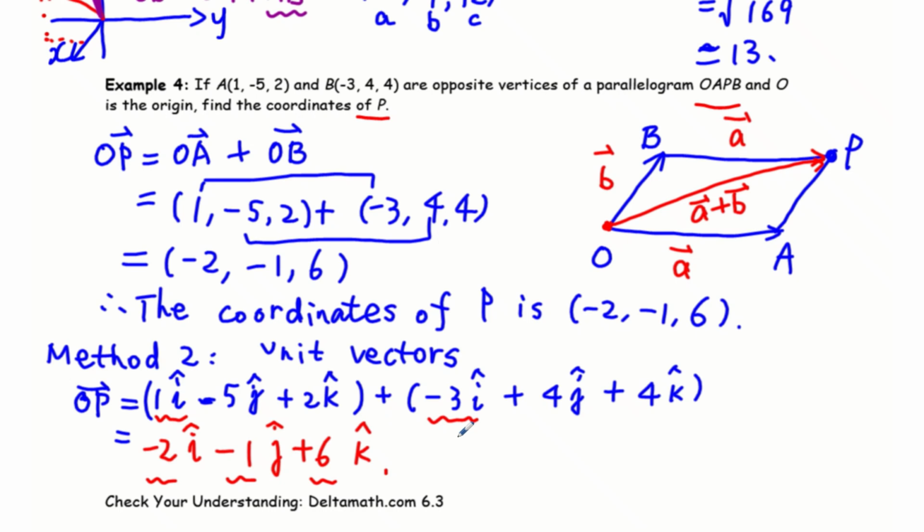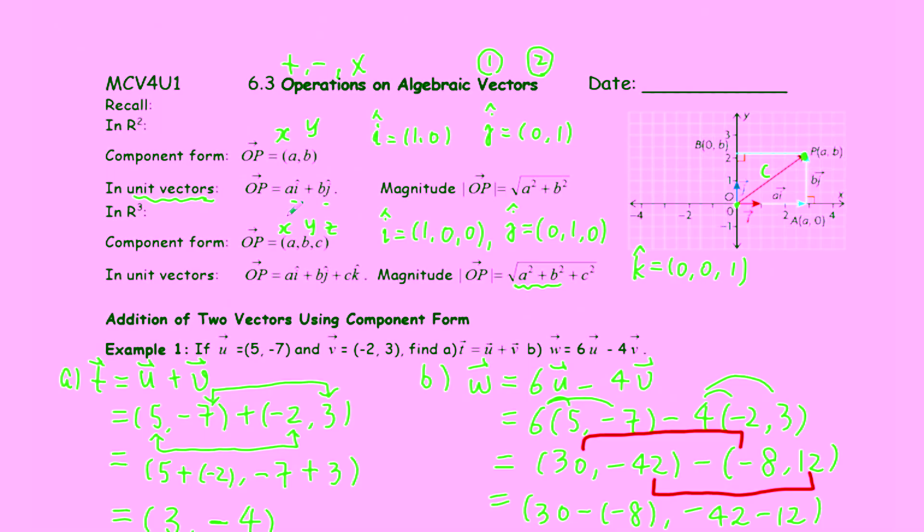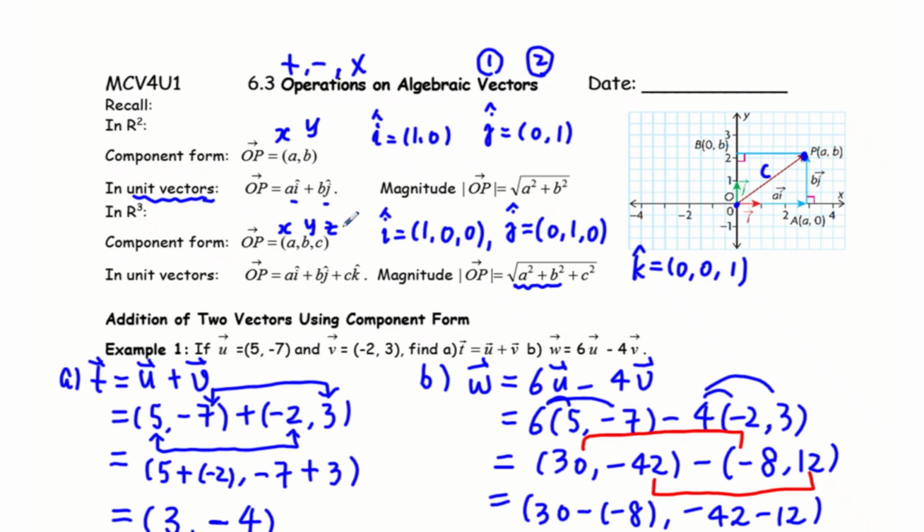And this is all for today's lesson. What we have done is we reviewed that component form is the x, y coordinates only in brackets, and the unit vector is in the i, j, k form. The magnitude is the square root of a squared plus b squared, the Pythagorean theorem, and for 3 dimensions it is the square root of a squared plus b squared plus c squared.